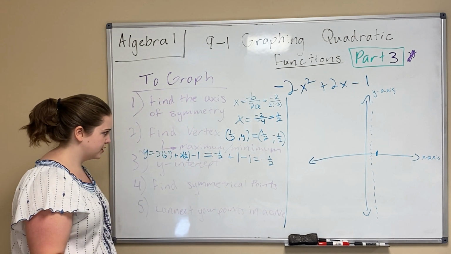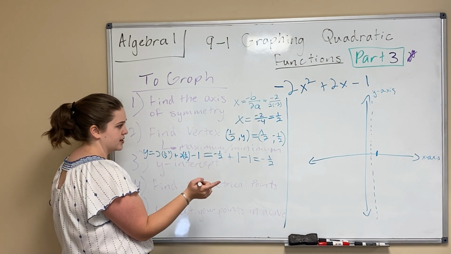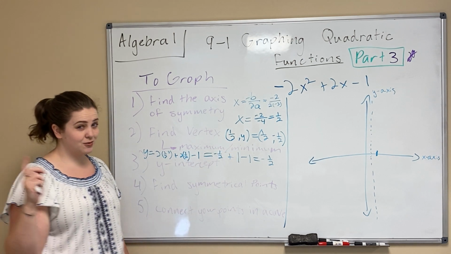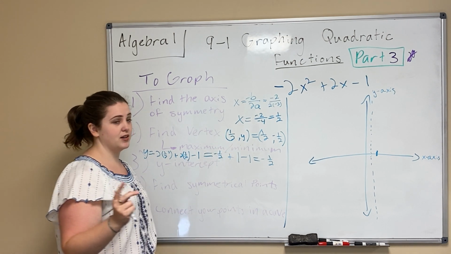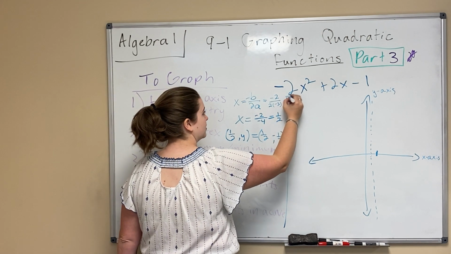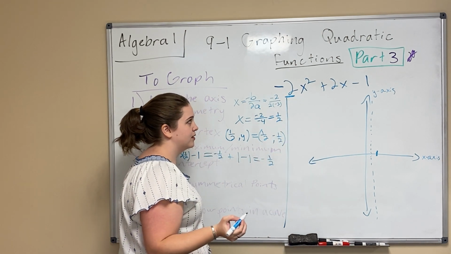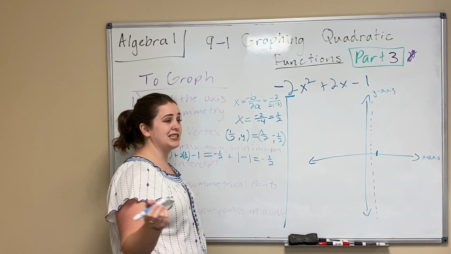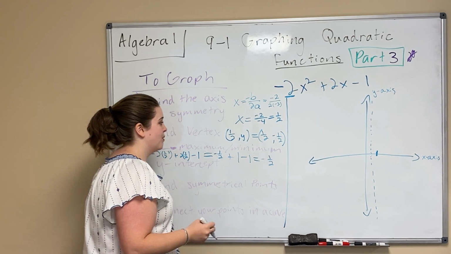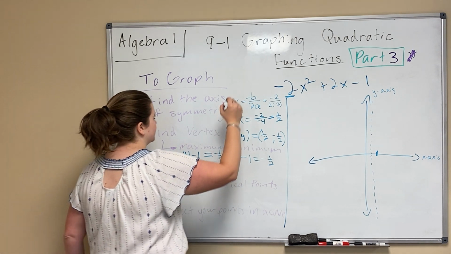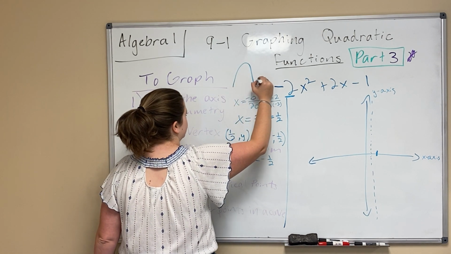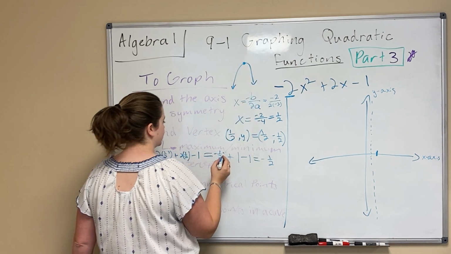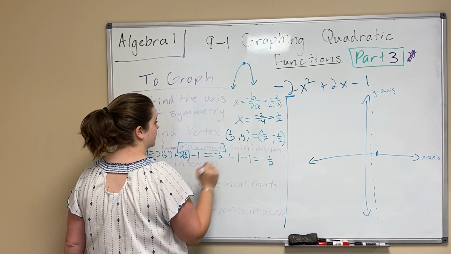Alright, there's my vertex. Now I need to know, as I'm plotting this, whether it's going to be a maximum or a minimum. You guys should remember from the last 2 lessons that the way I figure this out is by looking at my a value. Now my a here is negative 2, which means it's less than 0, which means I know that my graph is going to look like this when I graph it, and that my vertex is going to be a maximum.